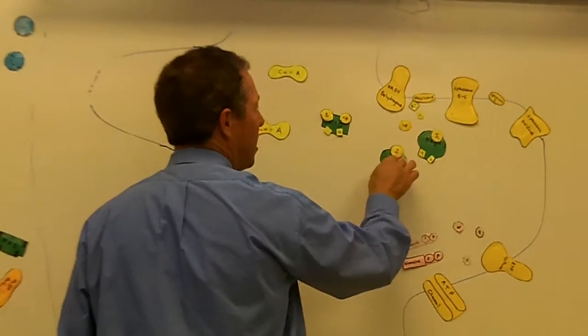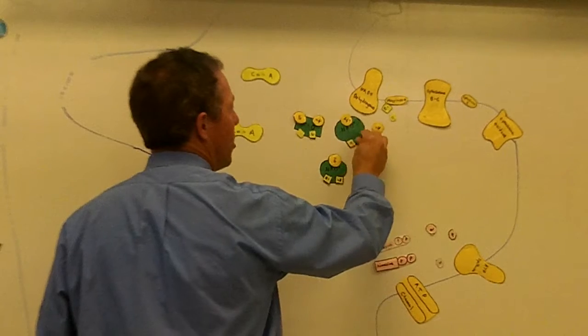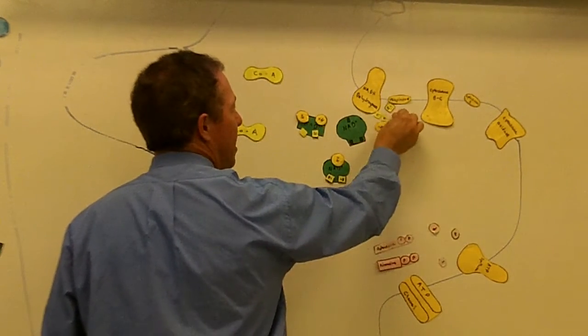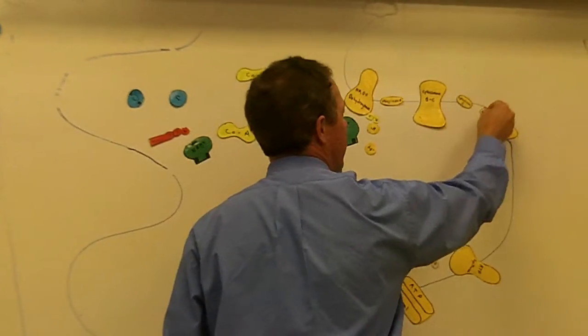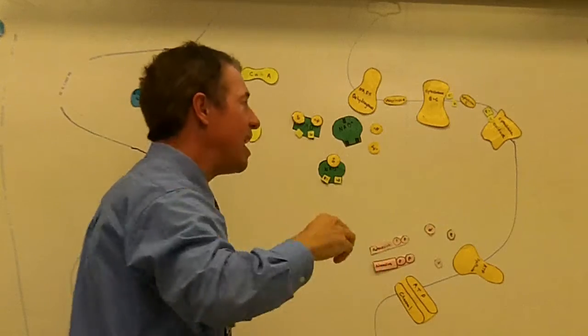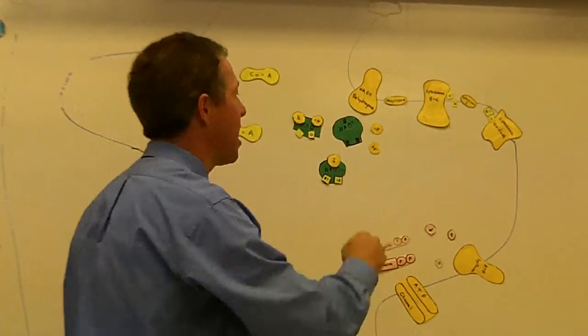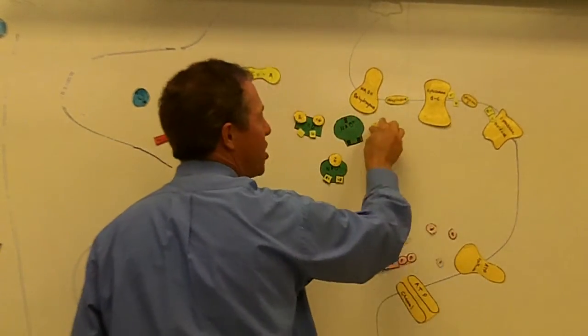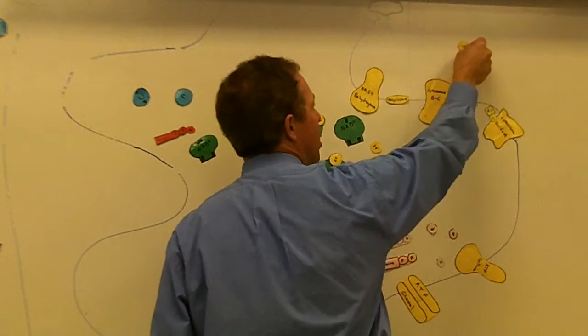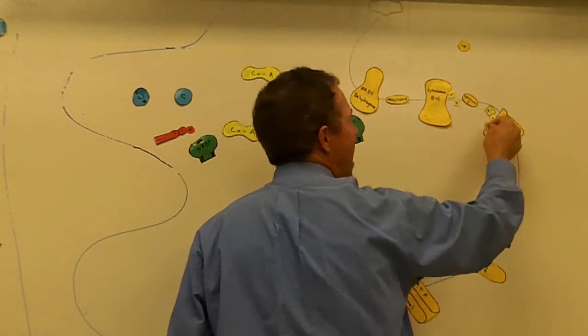So once again, NAD comes up, drops off its electrons, drops off its proton. The electrons move down the chain. And just like in photosynthesis, as the electrons move down the chain, some of their energy is used to push hydrogen outside the membrane.